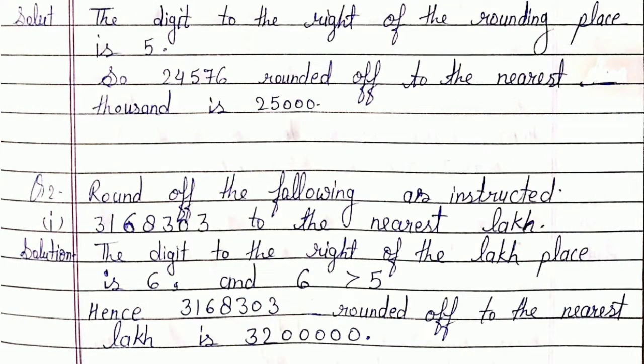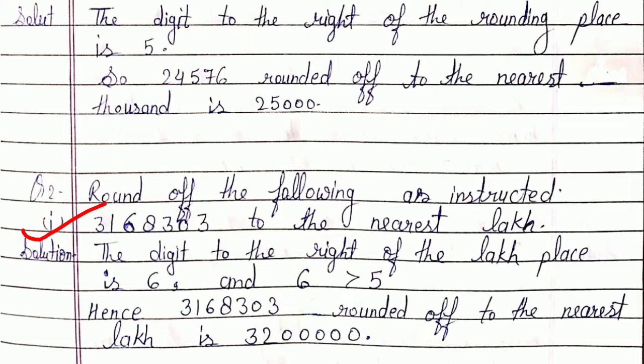Now, in question number 2, round off the following as instructed. First part, 31,68,303 to the nearest lakh. So we have to change this whole number to the nearest lakh. For changing, first we check the digit to the right of the rounding place.